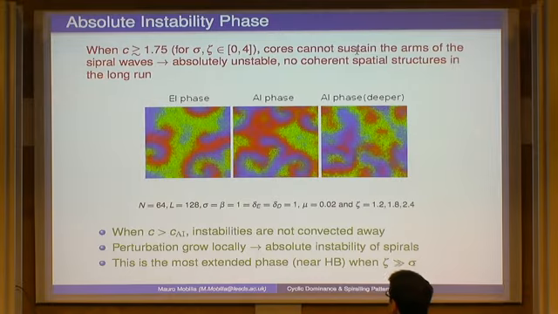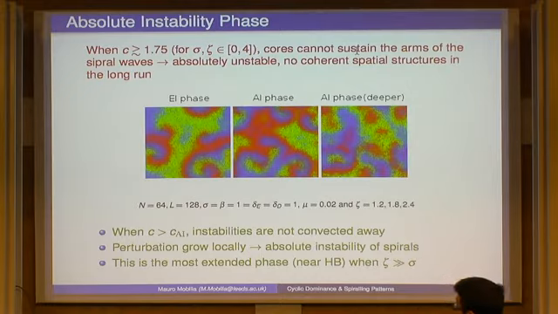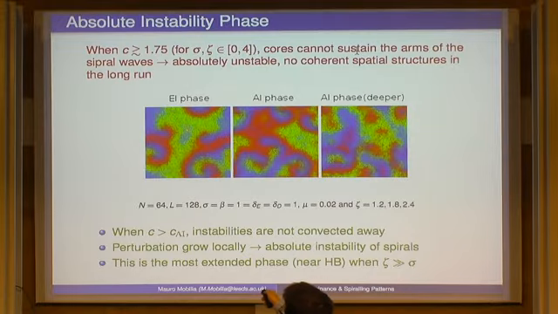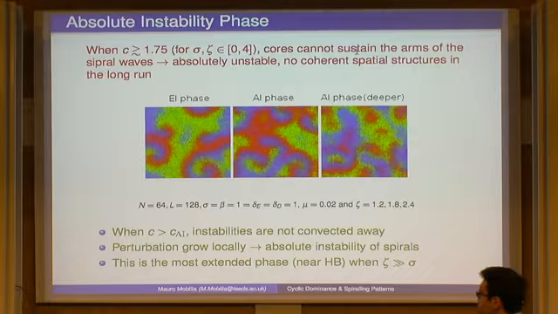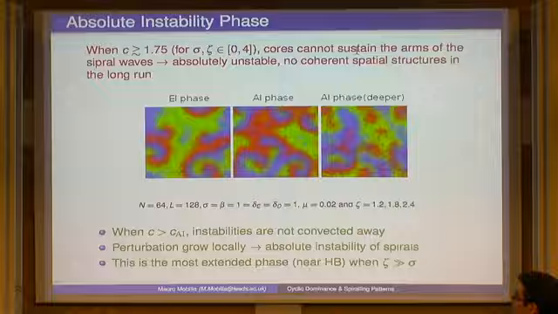The core cannot sustain the arm of your spiral, and these are absolutely unstable, so it's a mess. So this is the Eckhaus instability phase, where you still see some deformed spirals, whereas here, deep in the absolute instability phase, you essentially see a mess.